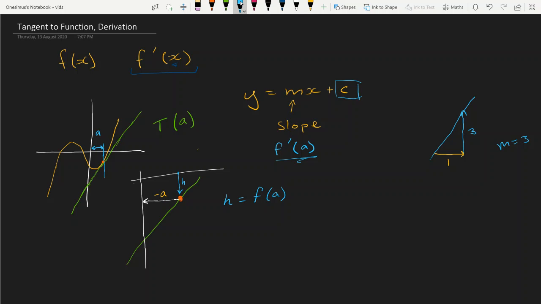Right, knowing this, we can find another value. Let's call it our change in height, or delta h. So from here to the x-axis, we can find another value, delta h.